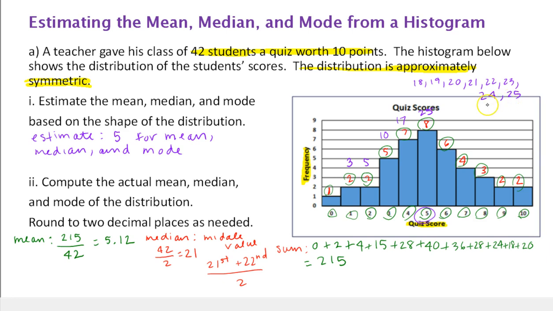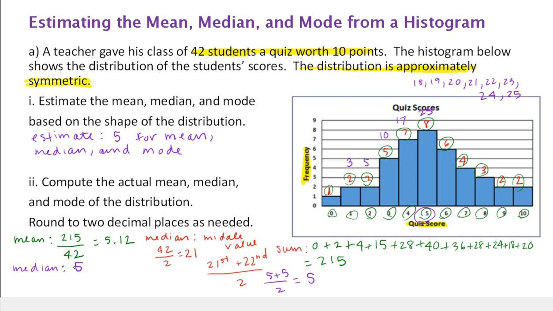I just wanted to show you how I knew that all the values between 18 and 25 in an ordered list are 5. So that means we add the value 5 to itself and divide by 2, which is of course 5. So the median value is 5, just like we estimated.